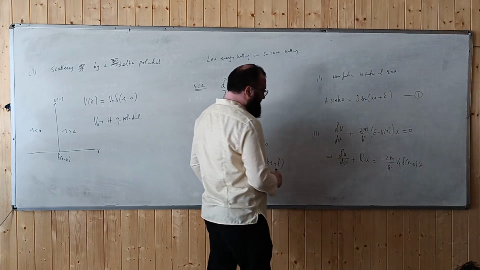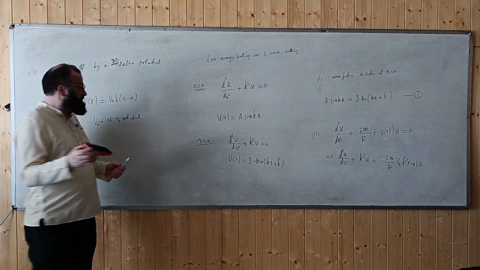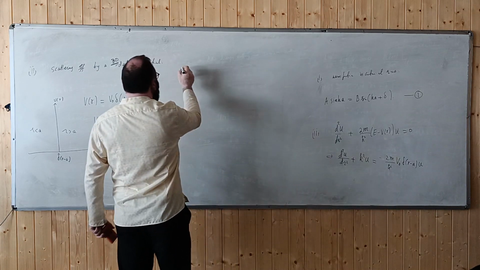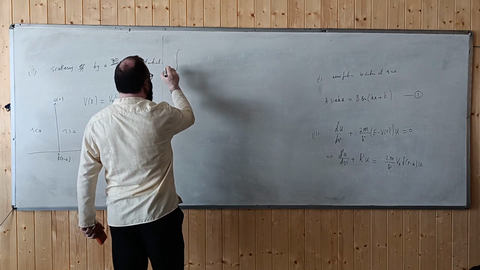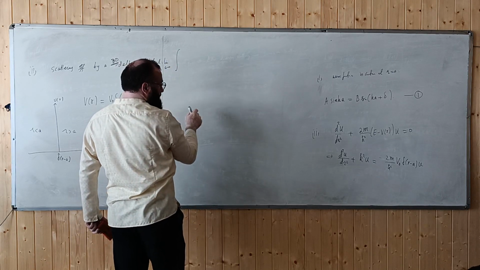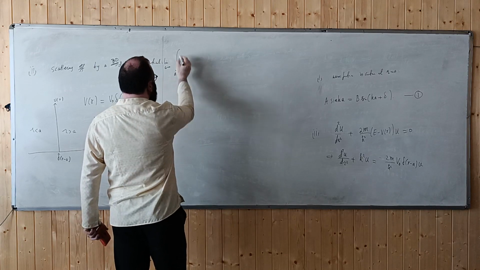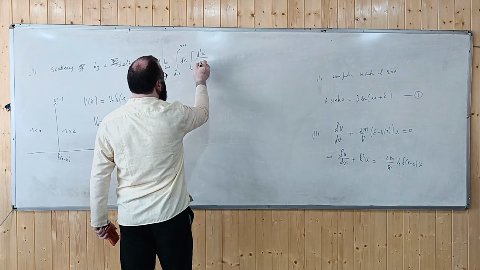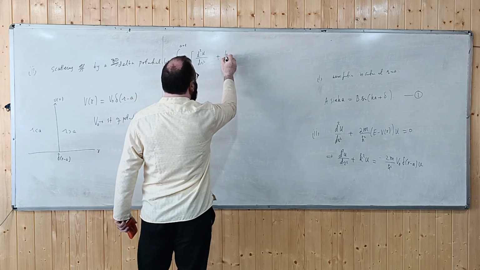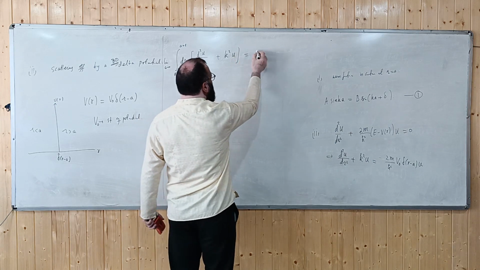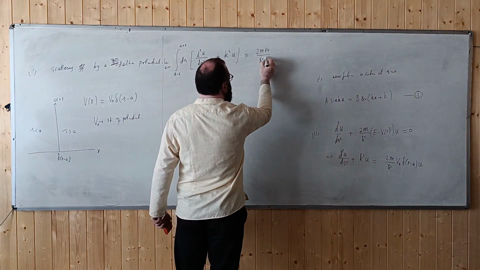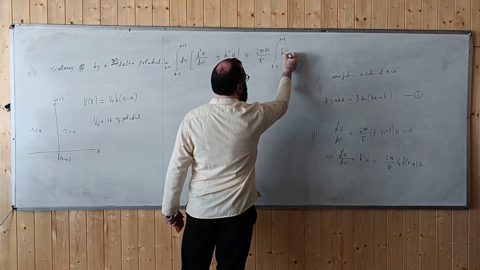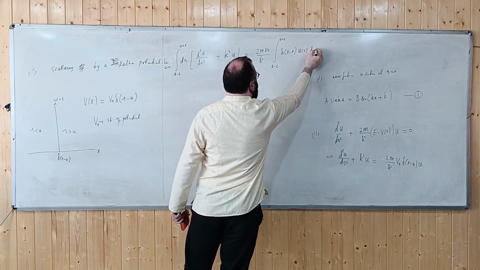So I will simply integrate this equation. Taking the limit of epsilon tends to 0, integrate from a minus epsilon to a plus epsilon over dr: d2u by dr2 plus k square u(r) equals twice m V naught over h cross square, integrated from a minus epsilon to a plus epsilon, delta(r minus a) u(r) dr.